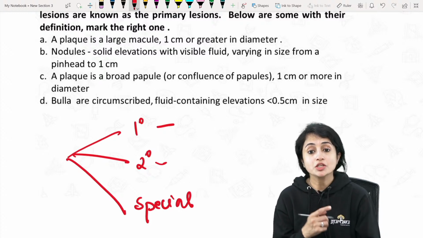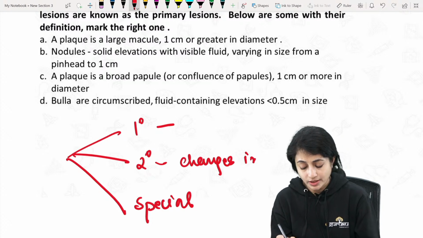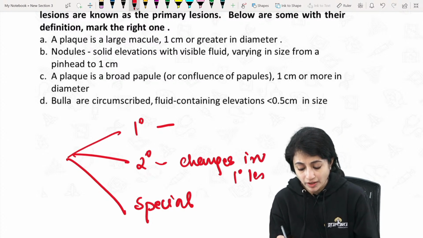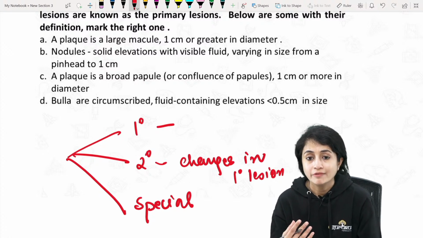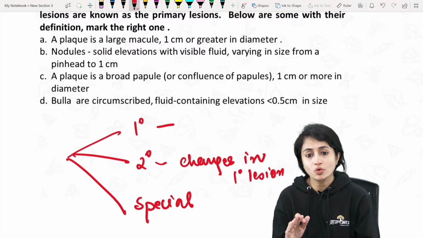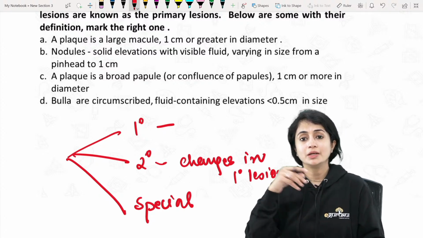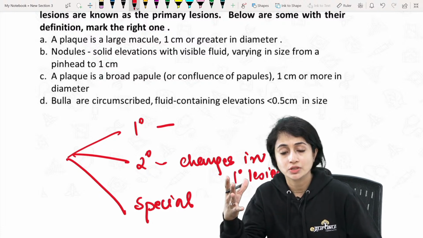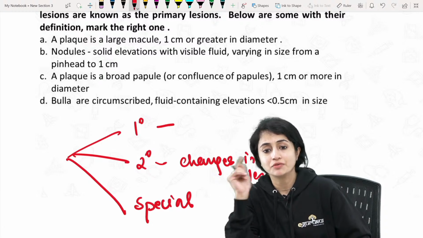Secondary lesions are changes occurring in primary lesions. For example, if I have a vesicle, it ruptures. So vesicle is my primary lesion. When it ruptures, there is some crusting over it. So that crusting is my secondary lesion. I have erythematous plaques, so they are primary lesions. If there is some scaling which develops on those plaques, that becomes my secondary lesion.